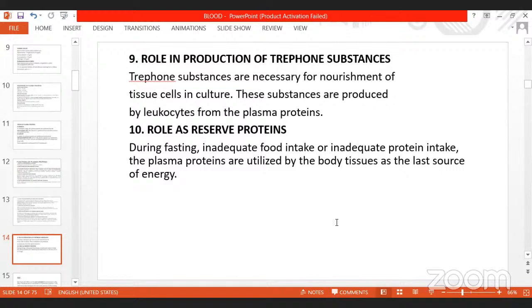They are not taken up first, but last. If the person is not taking protein for a long period, or even the muscular protein is removed, then again there is a protein deficiency. The last source is plasma protein; the body takes up plasma proteins.